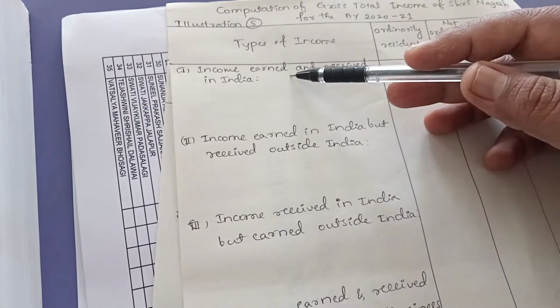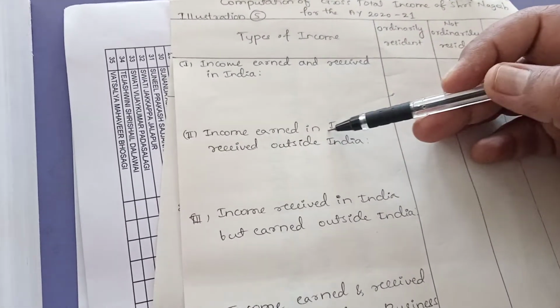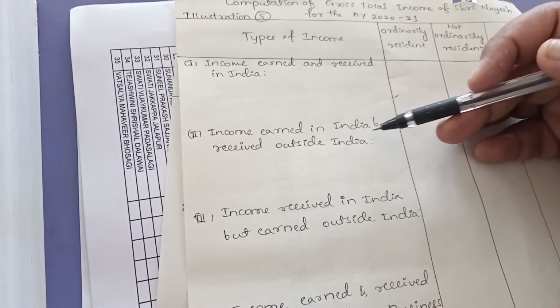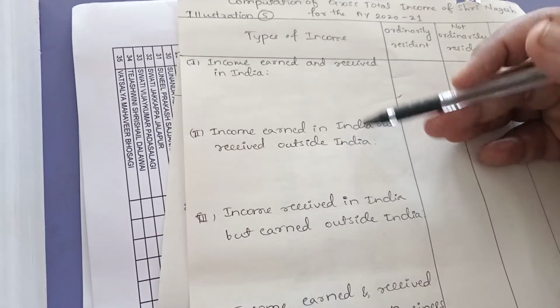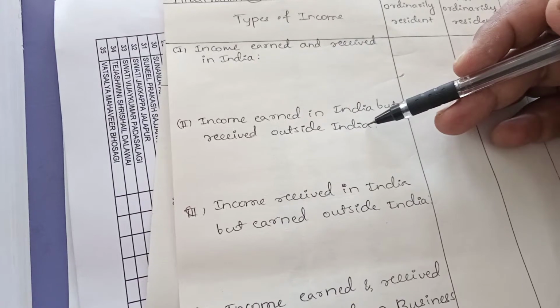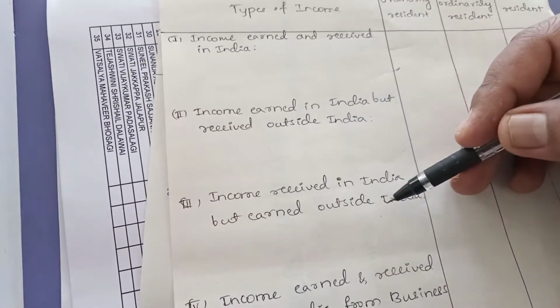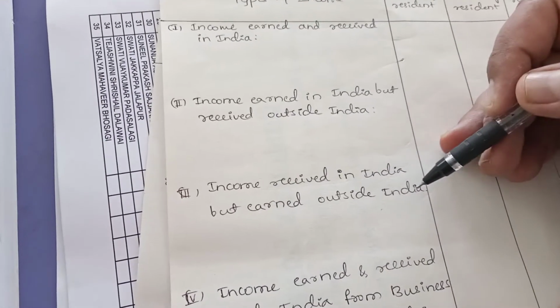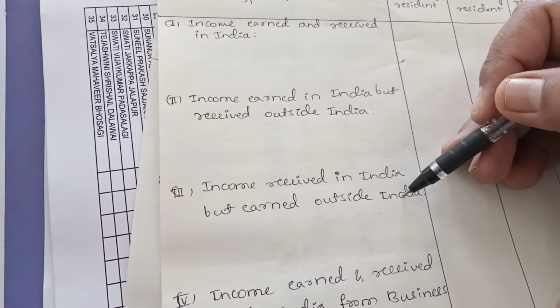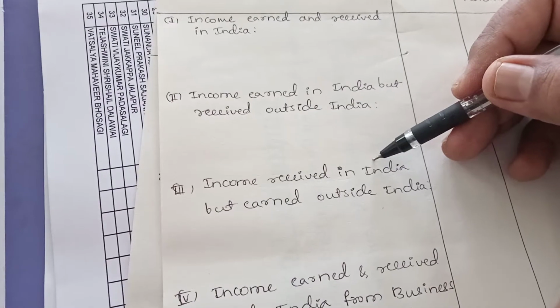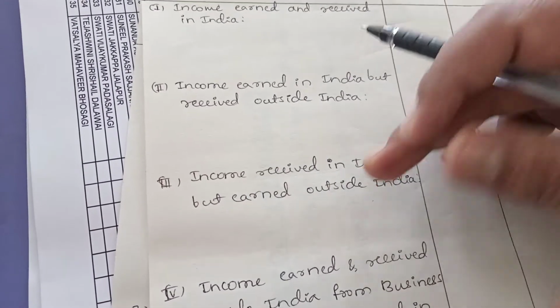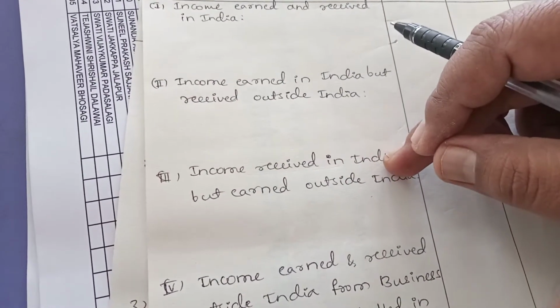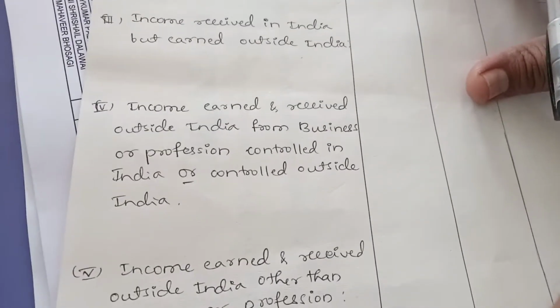If you go through the heads, income earned and received in India, and income earned in India but received outside India, both heads do not fulfill this, because earnings are made outside India. Income received in India but earned outside India: here the income is earned outside India, but where it is received has not been given.